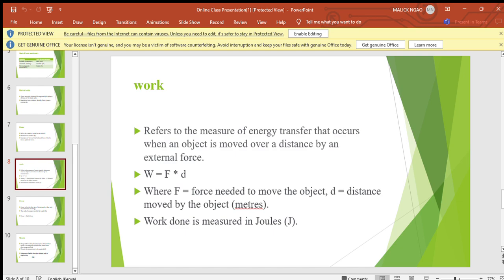We also have the force, which is also derived from the basic SI unit. So if you want to get work, then we take the force and multiply it by the distance. Force in newtons and distance in meters. So the unit for measuring work is the joule, symbolized by capital J.